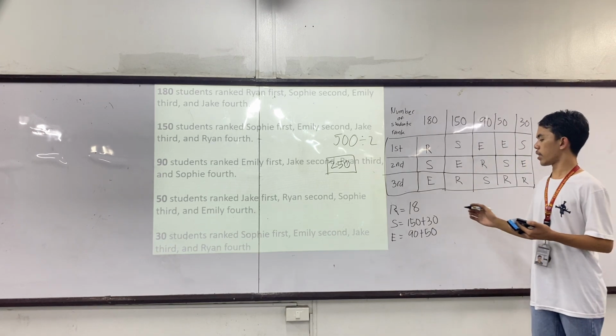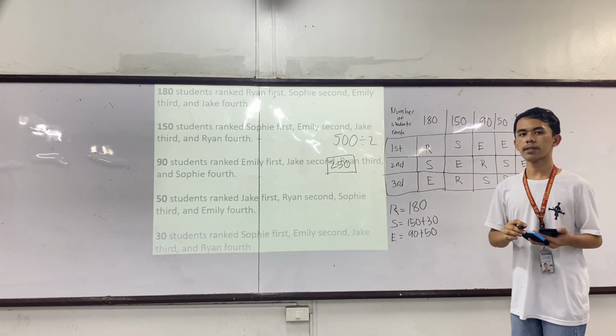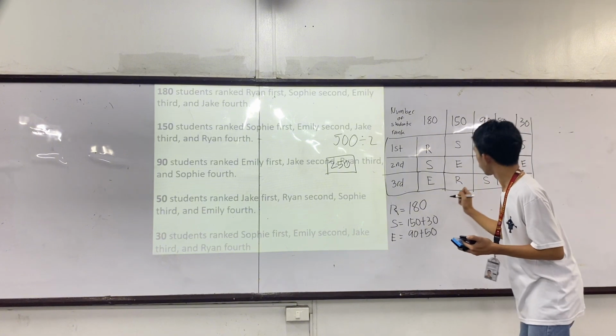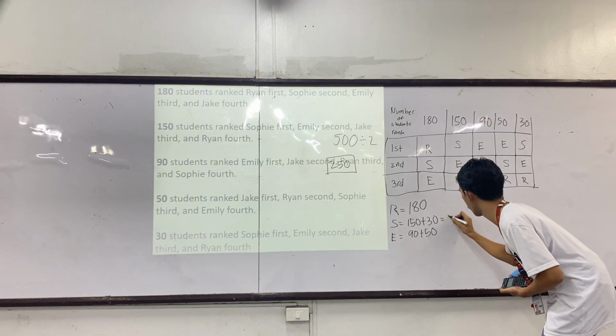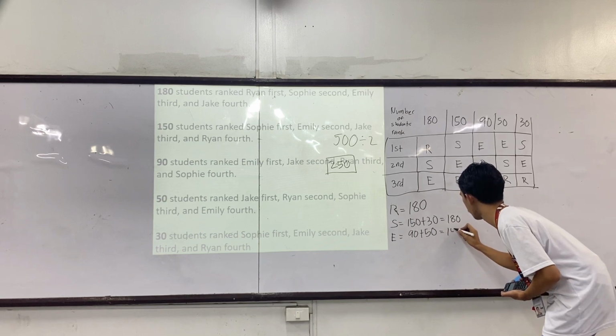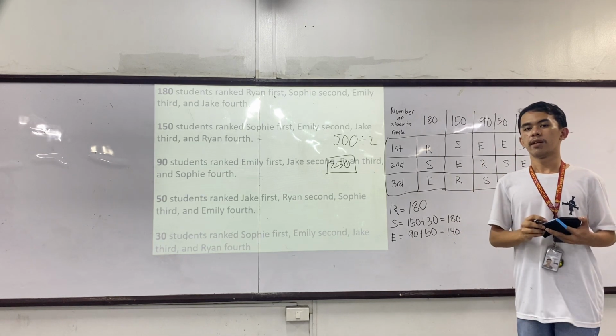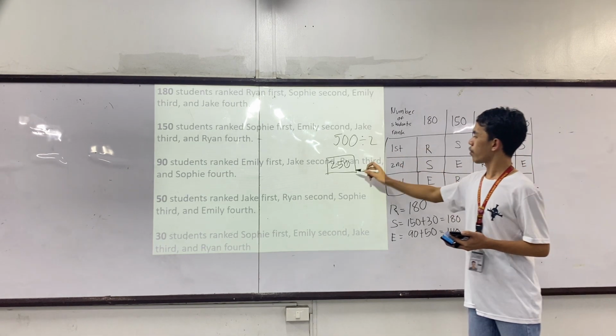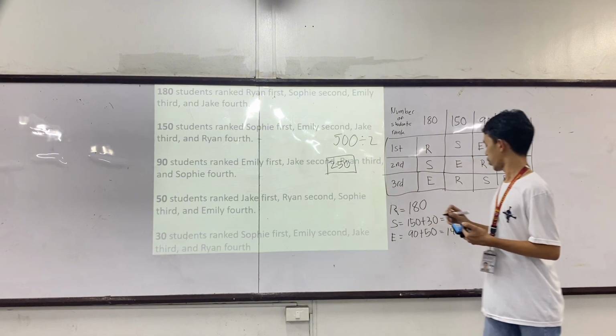So we need to total it. So we got 180 and Emily got 140. And no one got the 250 majority vote.